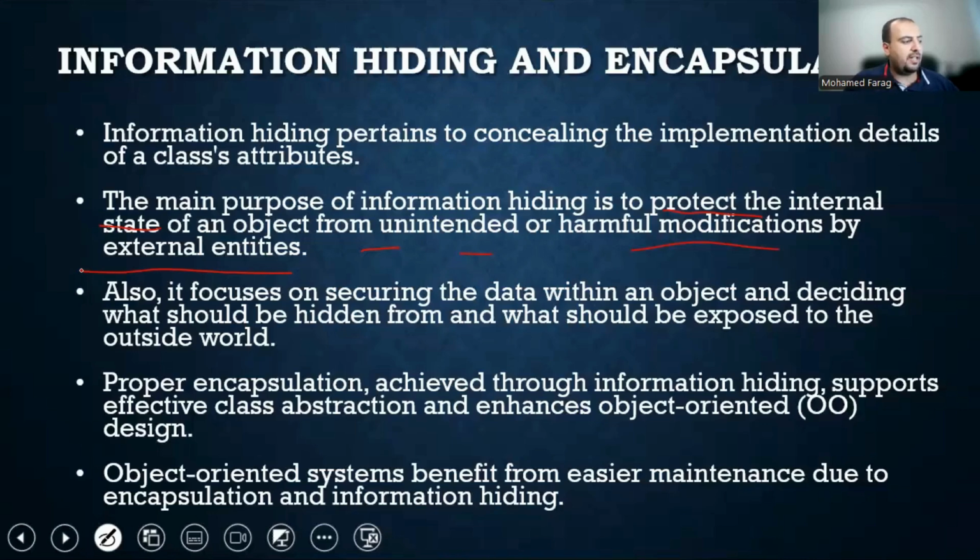Information hiding also focuses on securing the data within an object and deciding what should be hidden and what should be exposed to the outside world. We kind of talked about this and alluded to it last lecture when we talked about the access modifiers and access regions.